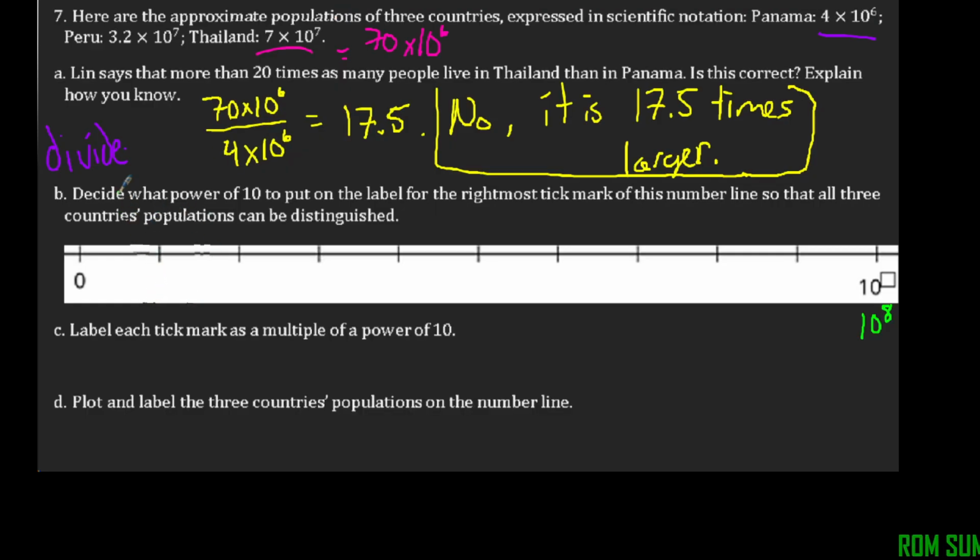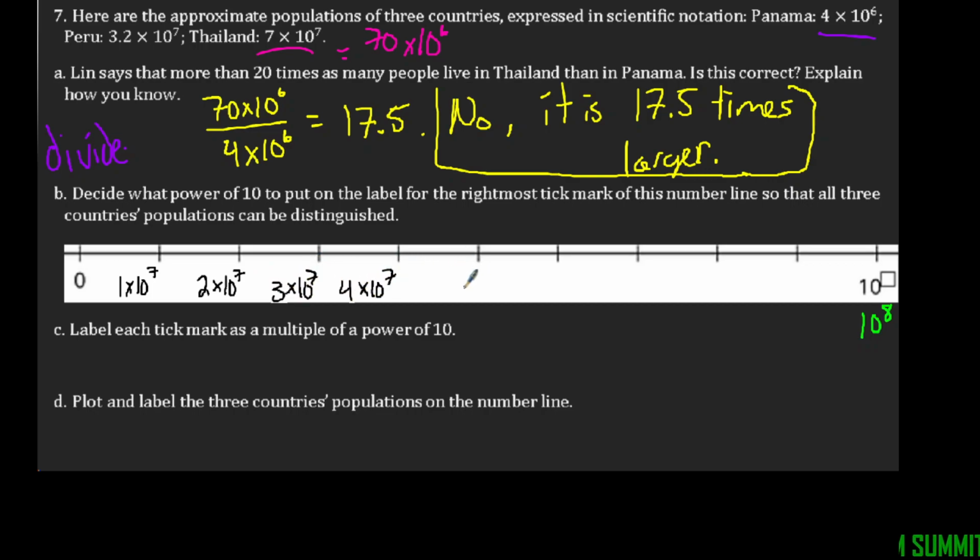I'm going to do this in black now. I have 1 times 10 to the 7th power. I have 2 times 10 to the 7th power. I have 3 times 10 to the 7th power. I have 4 times 10 to the 7th power. 5 times 10 to the 7th power. 6 times 10 to the 7th power.